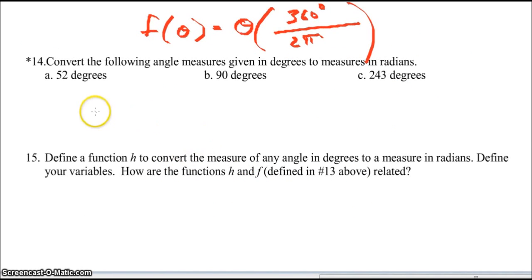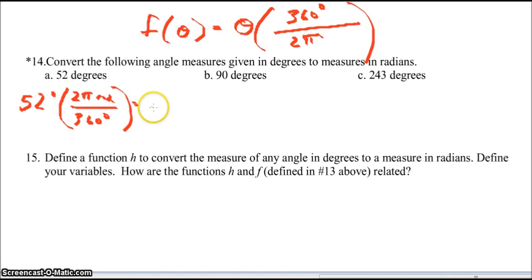Now convert the following angle measures given in degrees to measures in radians. You can do it sort of the opposite way. Put 360 degrees on the bottom so the degrees cancel out, and 2 pi radians on the top. We get 0.908 radians.